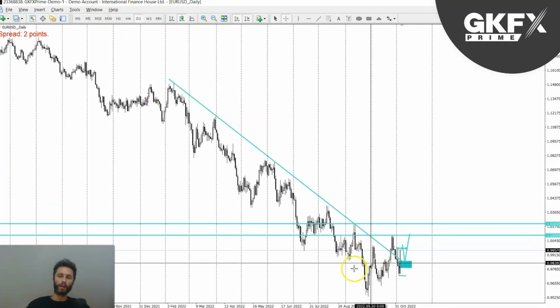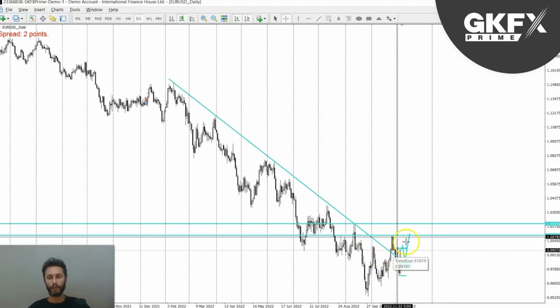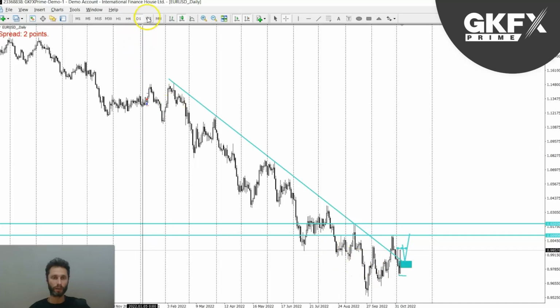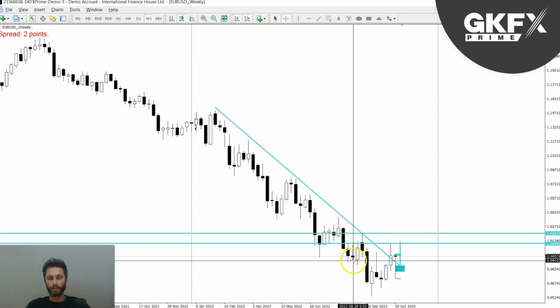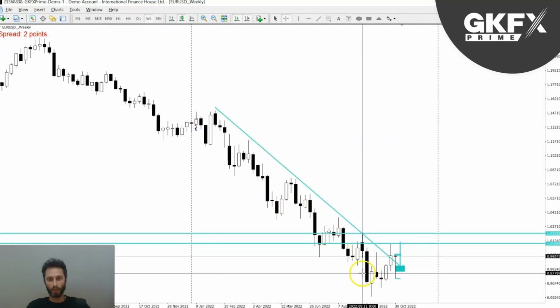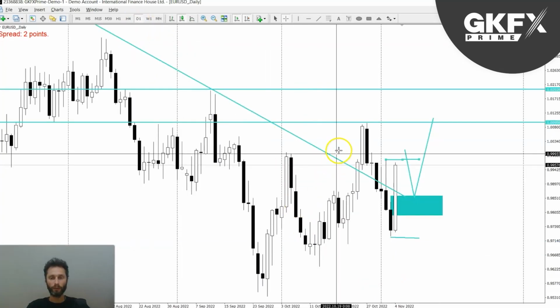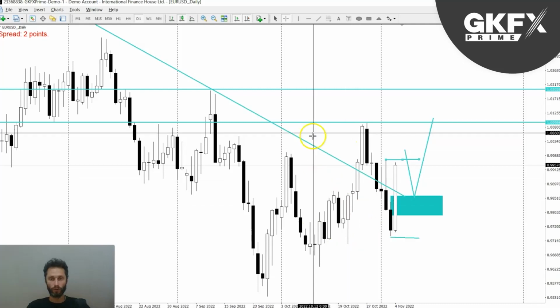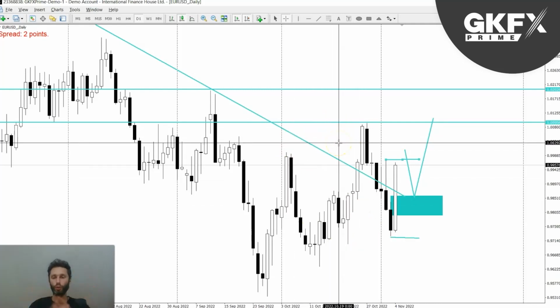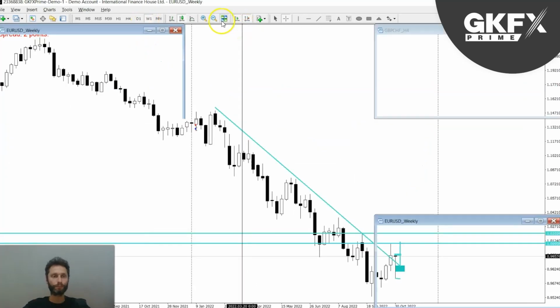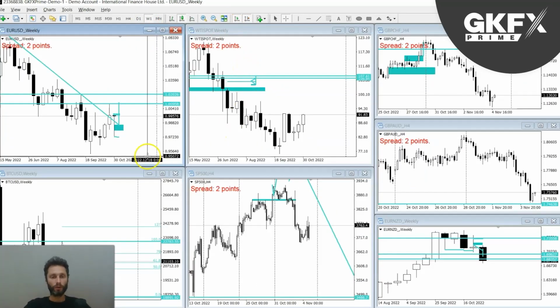So far, you can see that we are in a slightly lower probability on the higher time frame because we got this ranging market and it's slowed down. We don't have these lower lows and lower highs anymore. In fact, we have higher highs and higher lows on the daily, which adds to the idea of the upside bias. So that's euro dollar for you.